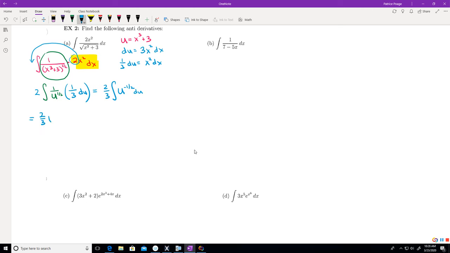So I have 2/3 u to the negative half plus 1, which is positive half, divided by positive half, plus c. Dividing by half is the same thing as multiplying by 2/1. And so I end up with 4/3, and in place of u, I'm going to put what it equaled, plus c.